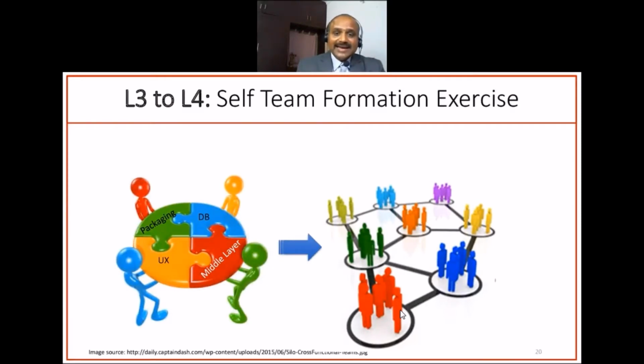Now, the idea here is, given the business goals, each team is skilled in developing its own feature set. So we have to make sure that each team has representation from the needed skills. We'll say, team 1 requires 2 people from UX, 3 people from middle layer, 2 people from DB, and 1 each from packaging, networking, and hardware.